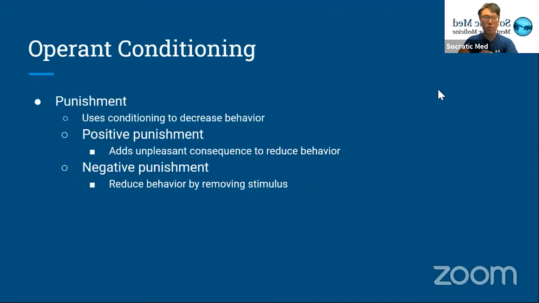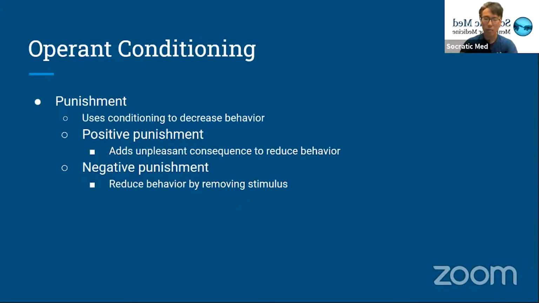And then the other part of operant conditioning is punishment. That's when we use conditioning to decrease behavior. Both positive and negative punishment are used to decrease behavior. With positive punishment, we add something unpleasant to reduce the behavior. The specific behavior that we want to reduce, we try to decrease by adding something bad.